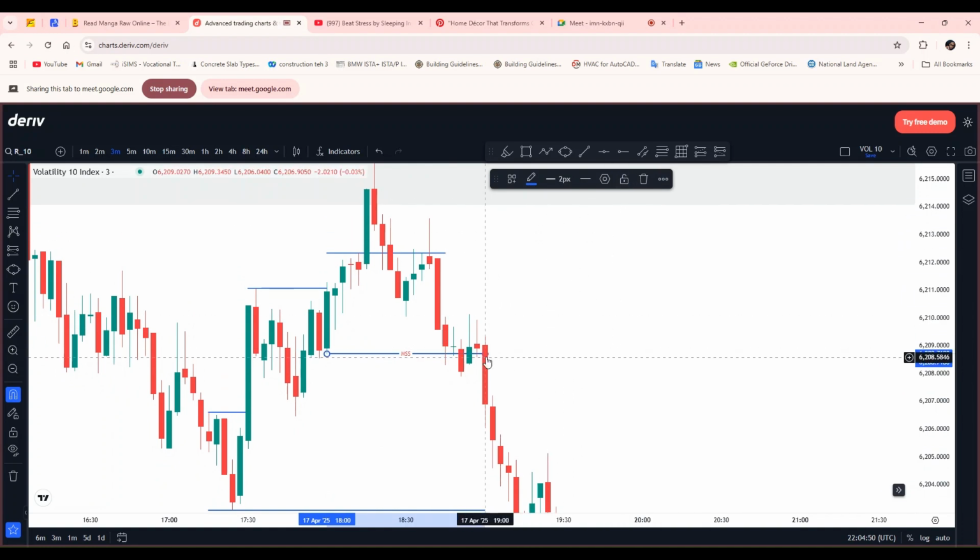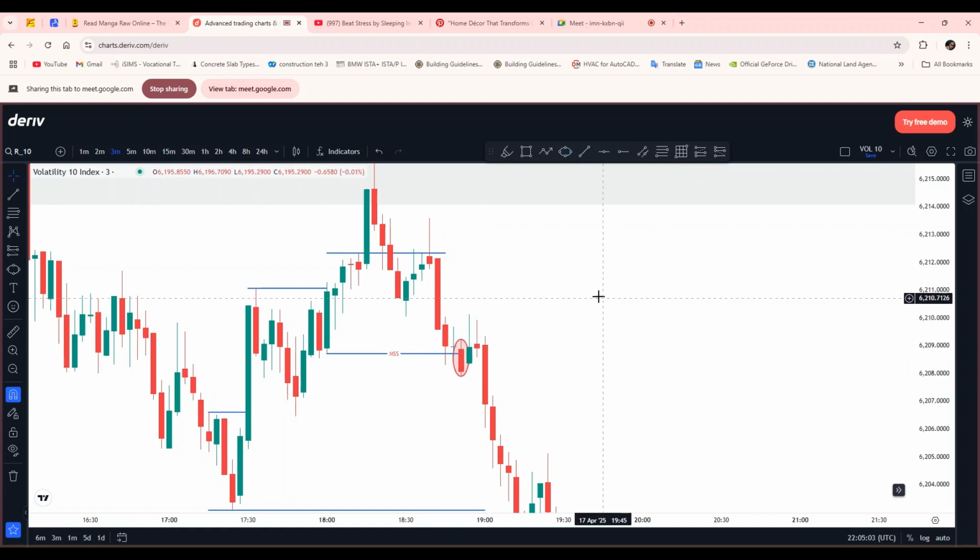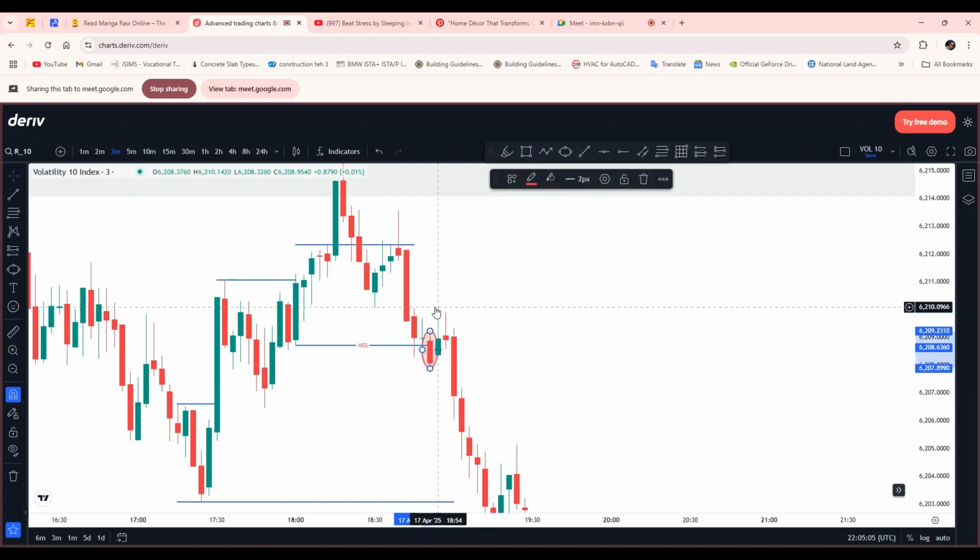Okay. Now on the 3 minutes time frame, this is the candle that broke structure, and we're seeing a bullish candle that pulled back before it distributed.